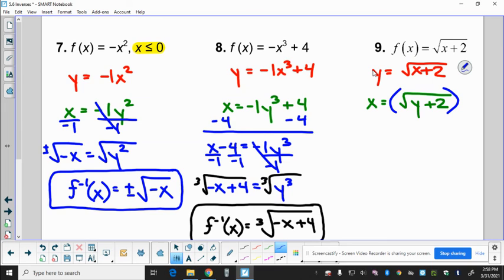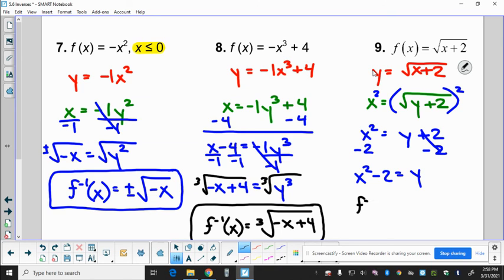I think we should square both sides and then subtract 2. And then convert it into the correct notation. And there we go.